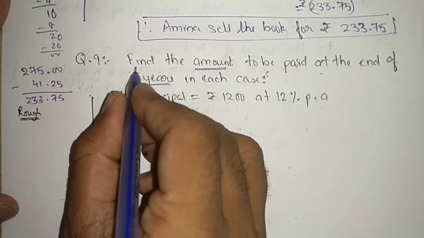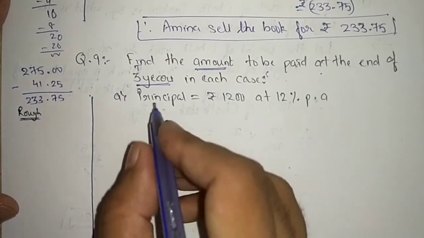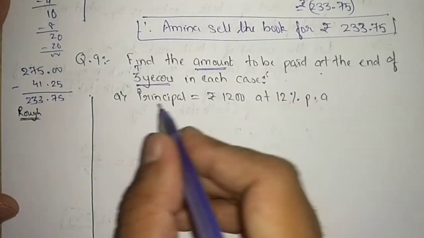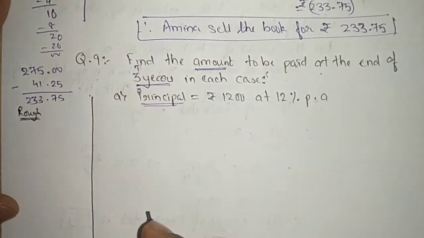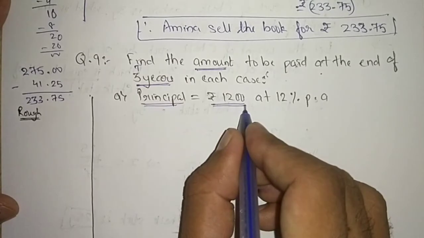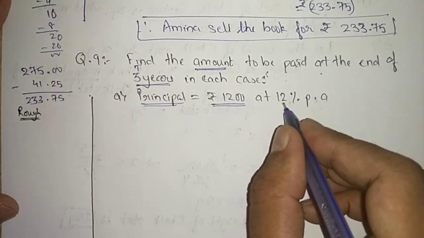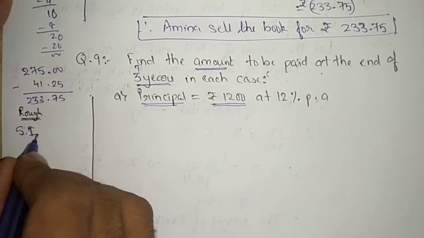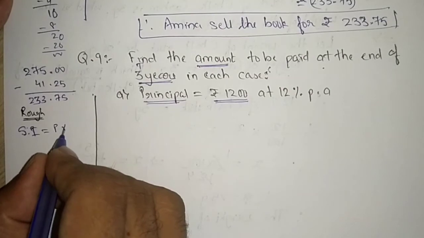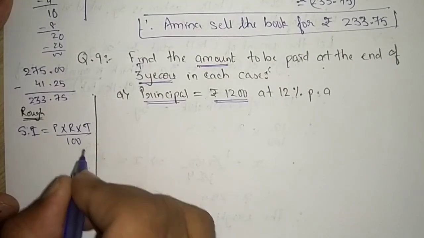That means here they have given us T is equal to 3 years in each case. Now case number 1 is principal amount, that is the money borrowed. Principal amount is 1200 and rate of interest, that is R, which I have discussed in the formula SI, simple interest, is equal to principal into rate into time divided by 100.